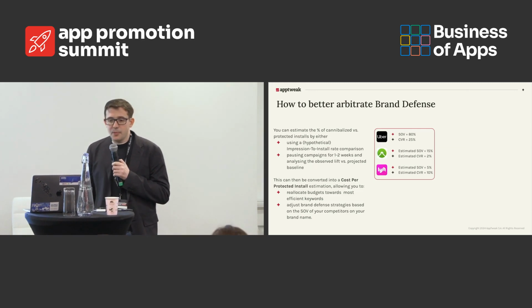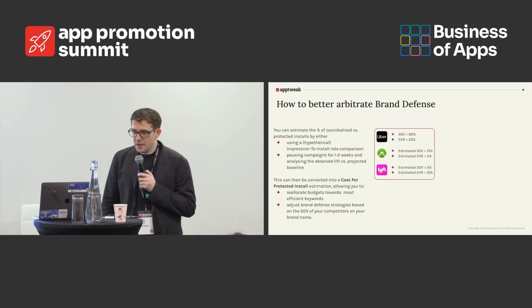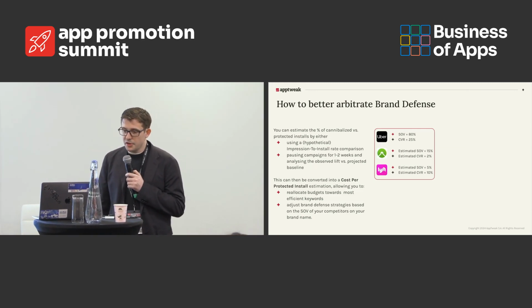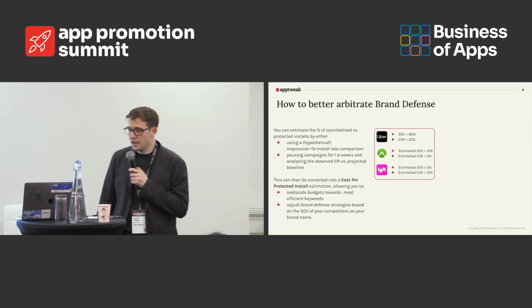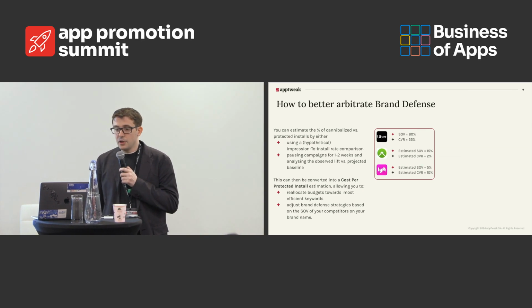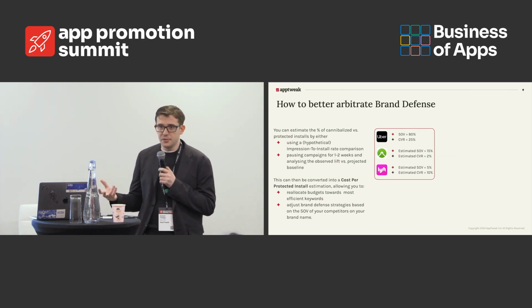And there are a couple ways to actually try and measure this. One would be just looking at who else is in the auction, who else is winning auctions, and starting to make hypotheses as to what their install rate is going to be.